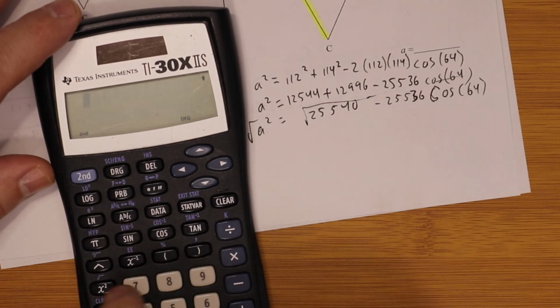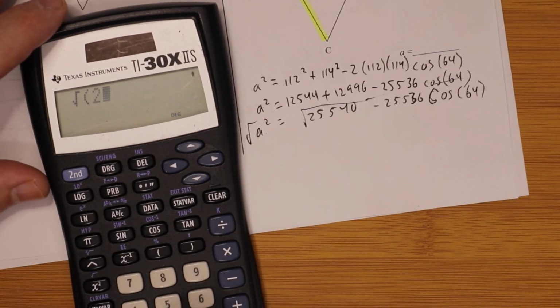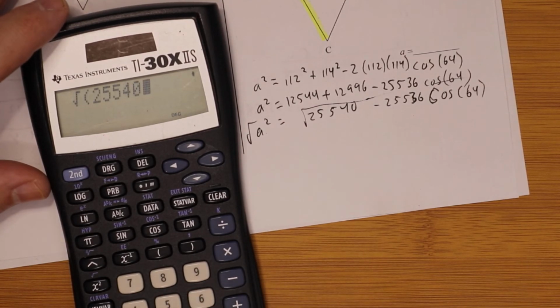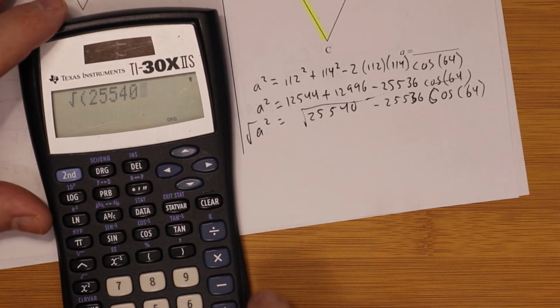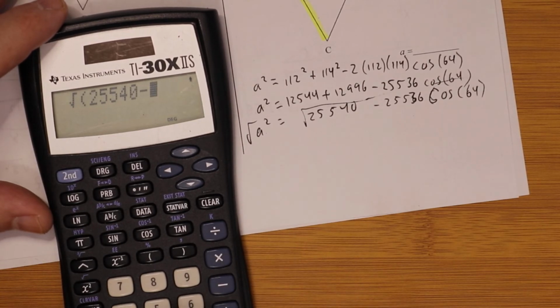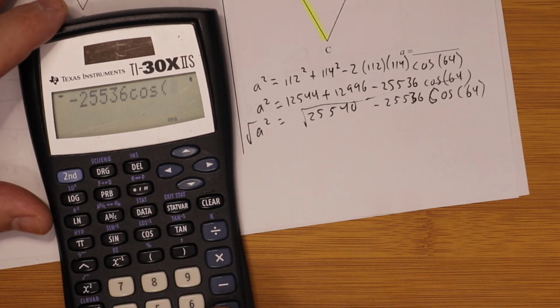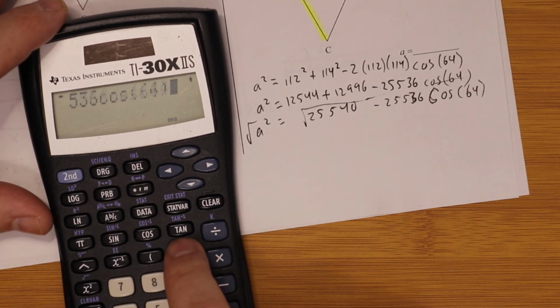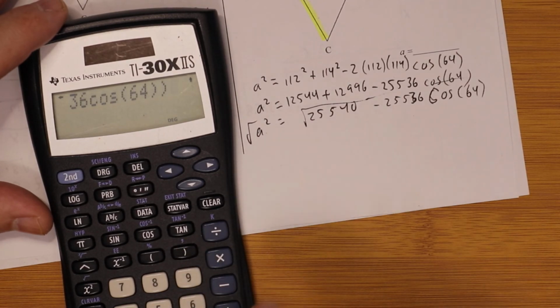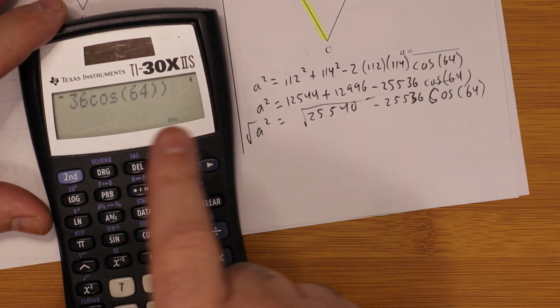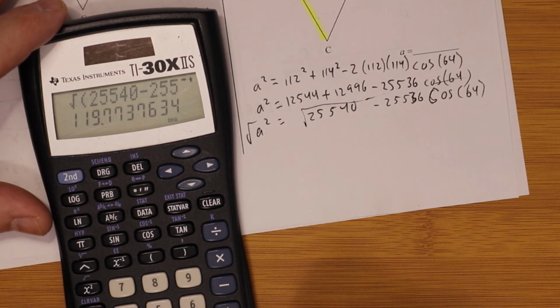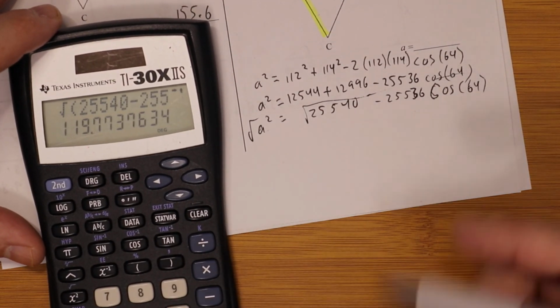So square root of 25,540 minus 25,536 cosine 64, and then don't forget it's two parentheses to close it, one to close the cosine, one to close the square root, and we got 119.8.